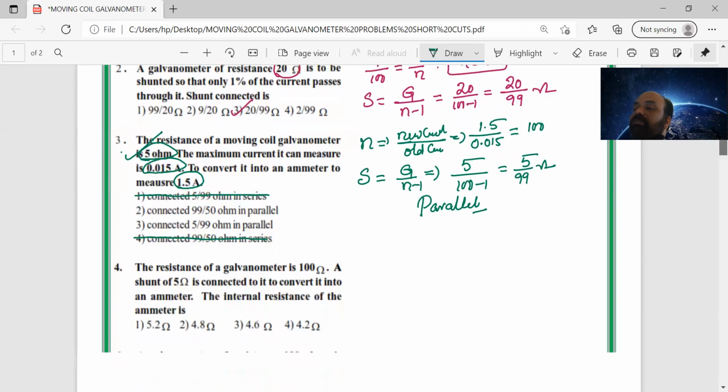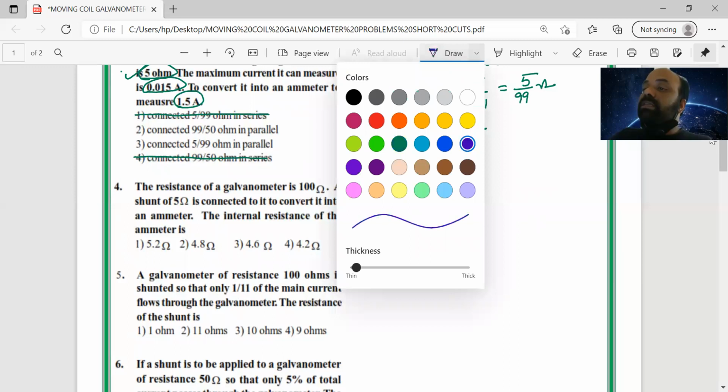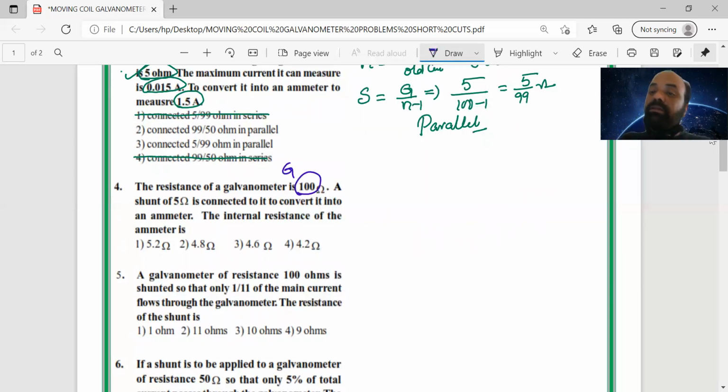If you see the fourth problem, the resistance of a galvanometer is 100 ohm. Again the galvanometer resistance is given, G value is 100 ohms. It is shunted, so the shunt resistance value is given as S. The internal resistance means these two are connected in parallel, no? So GS by G plus S, this is the formula.